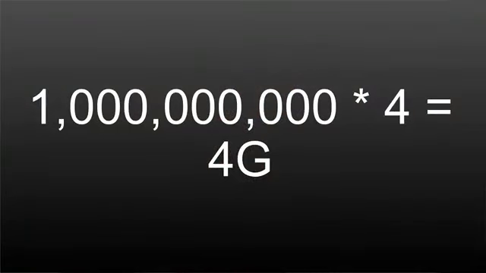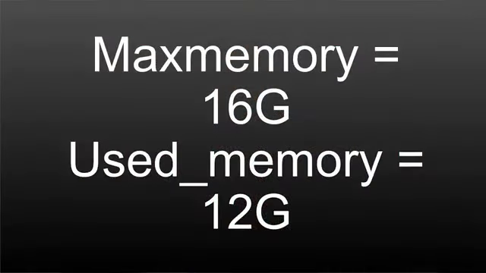So imagine there are 1 billion items in your Redis, and the hash table size alone is 4 gigabytes. You set max memory as 16 gigabytes, and current used memory is 12. But hash table expansion is needed.